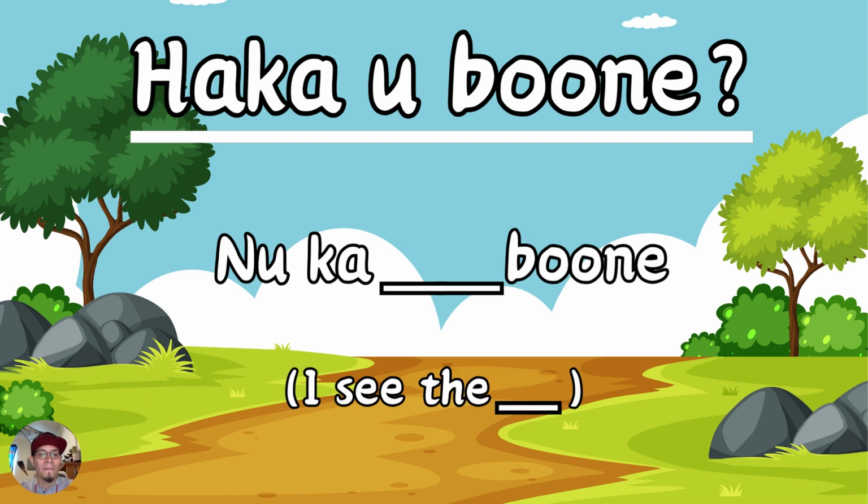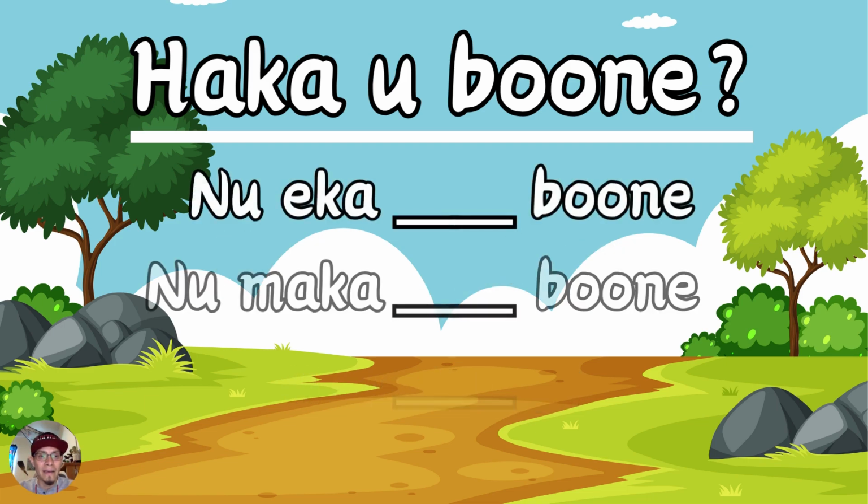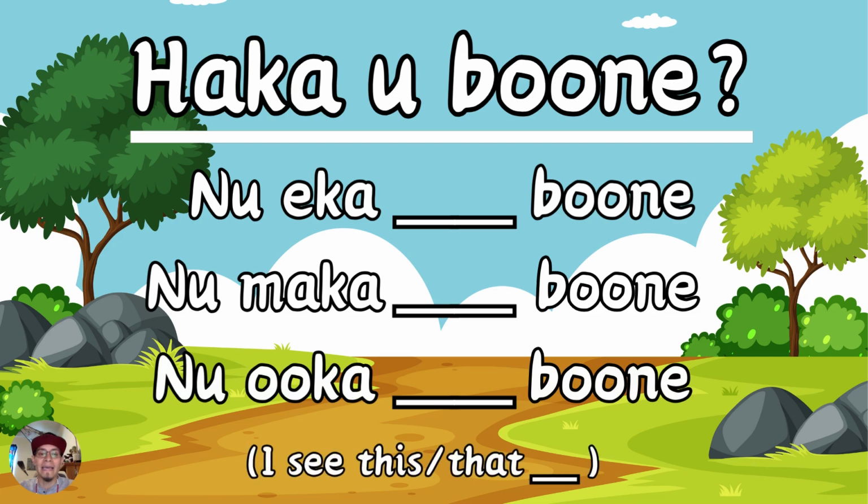Or if you want to say, I see this or that, you say ne ika blank buni, I see this blank. Ne maka blank buni, I see that blank, short distance away. Or ne uka blank buni, I see that blank long distance away. Again, it uses the ka ending because haka has that ka sound.